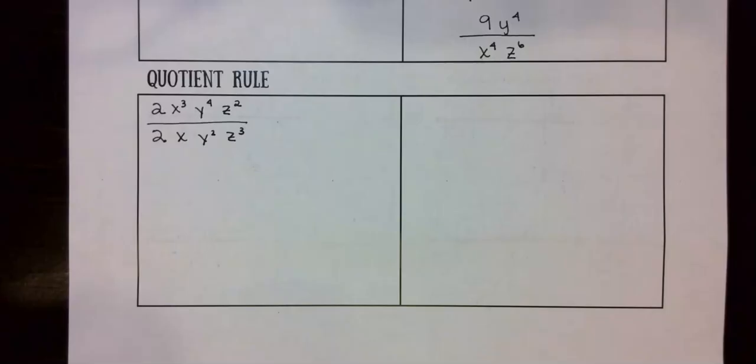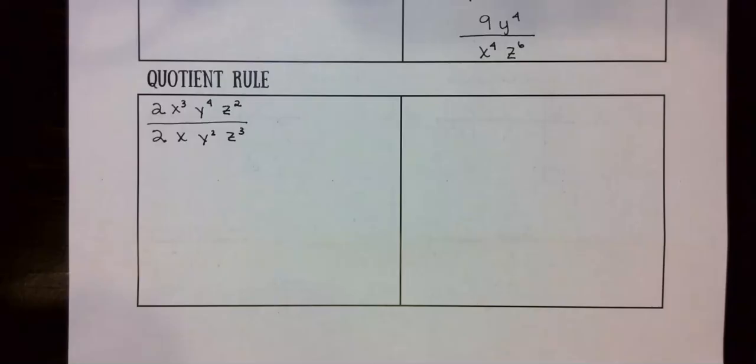So the quotient rule is we are organizing it just like we did, but this time we're organizing the x's, the y's, and the z's on the top and the bottom. We're lining them up. And then we're trying to make a decision on which one of the two we're going to move. Once we move one, we have to change the sign. So we can then combine those exponents.